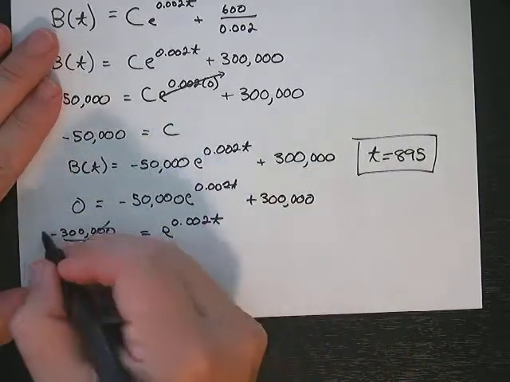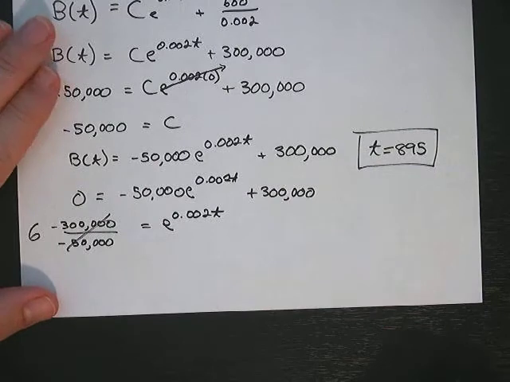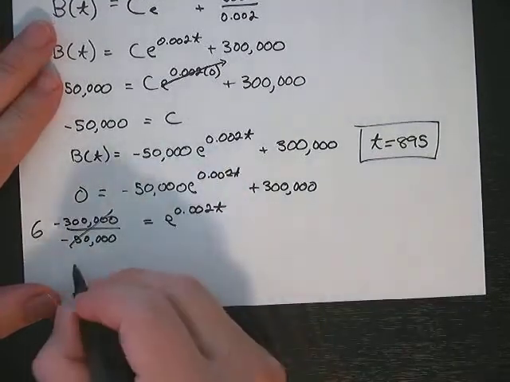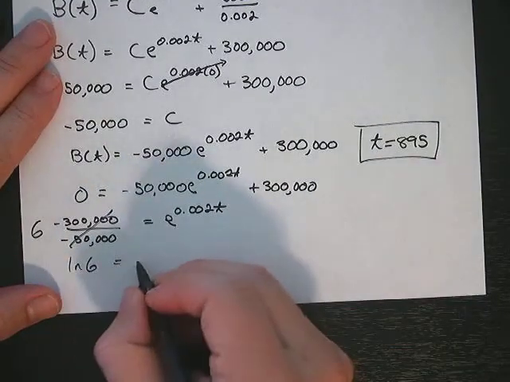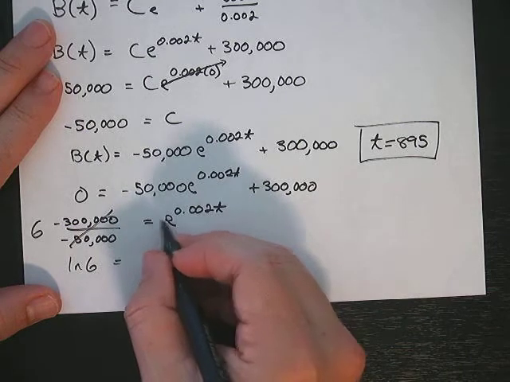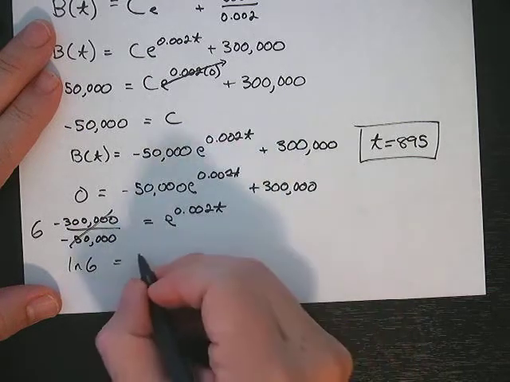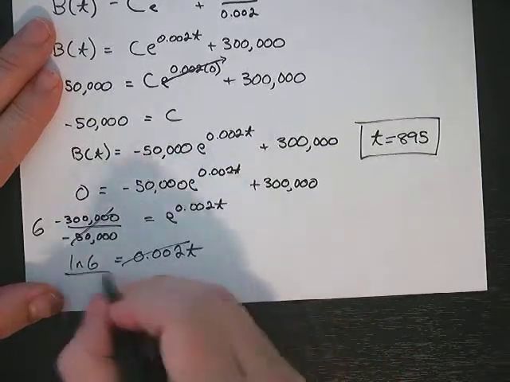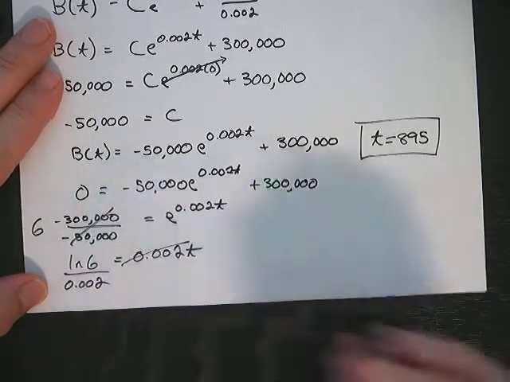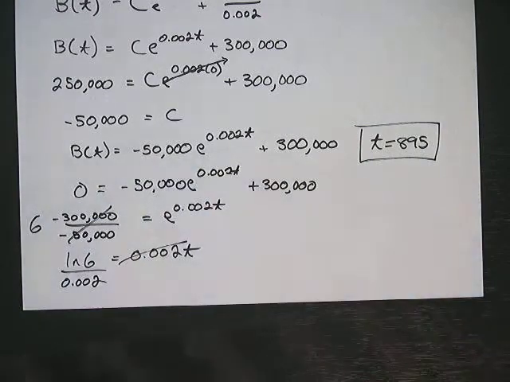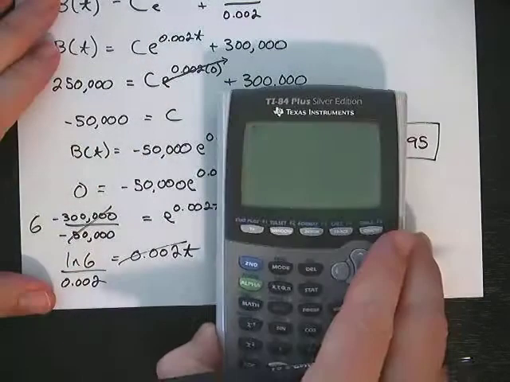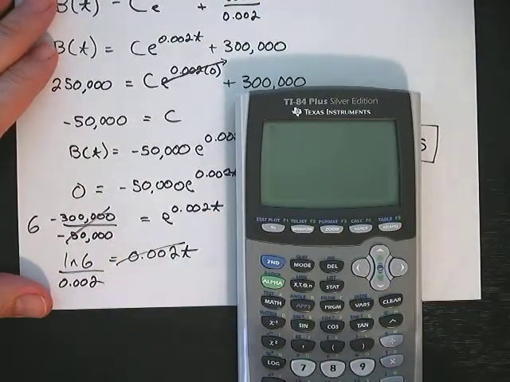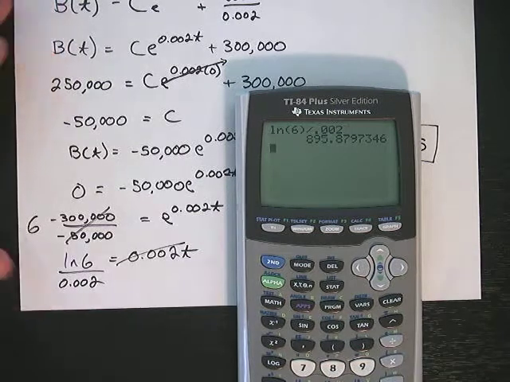Then I take the ln of both sides so I can get rid of the e. So ln of 6 is equal to 0.002t, and I divide by 0.002, and that would be my exact solution. If I put ln of 6 divided by 0.002 in the calculator, we get the same answer as with the graphing calculator.